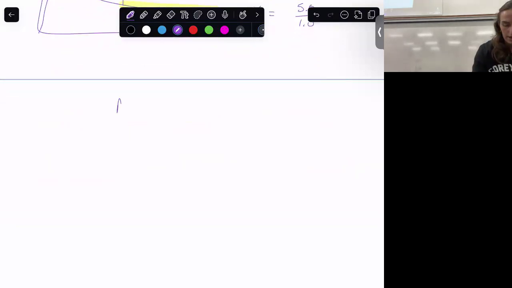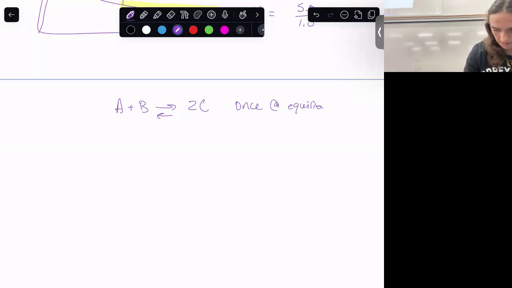If you have A plus B goes to 2C, can we use our coefficients for our equilibrium? Yep, at equilibrium, for big K, we can use coefficients.